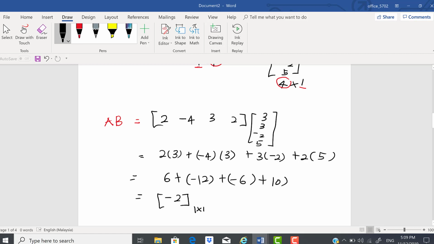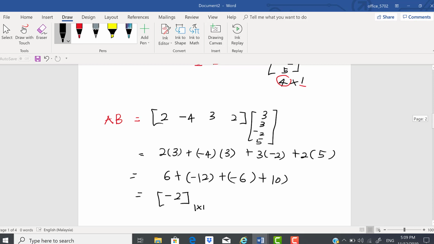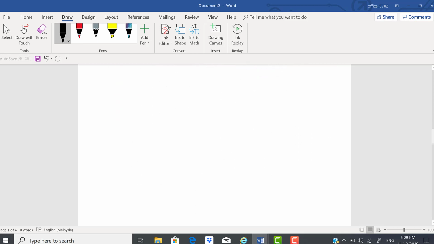Okay, now, let's look at this example. We have our A equal to 2, negative 1, 3, negative 2, and our B equal to 2, 4, 6, and 1.